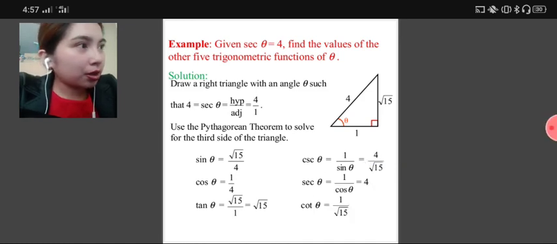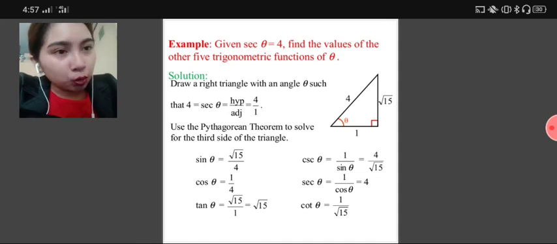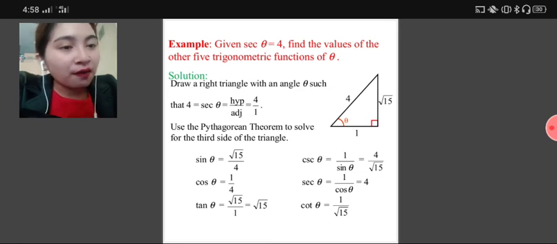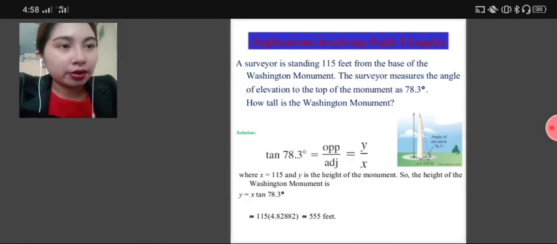Yung secant naman is hypotenuse over adjacent side, which is the secant theta is equals to hypotenuse, which is the 4, over the adjacent side, which is the 1. So, 4 divided by 1 is equals to 4. And cotangent naman is adjacent over opposite side. So, 1 over square root of 15.